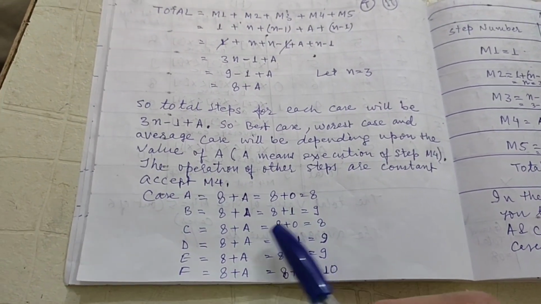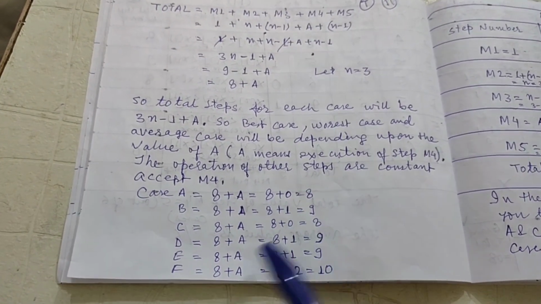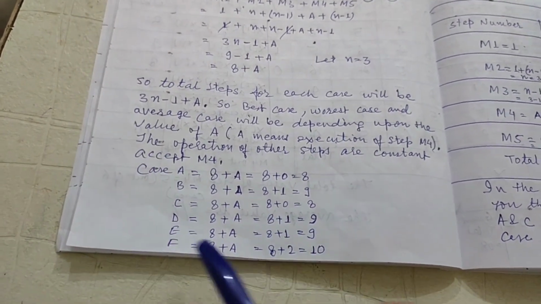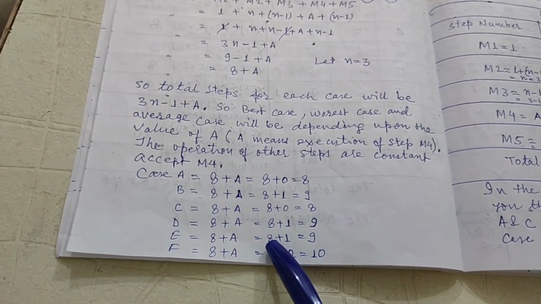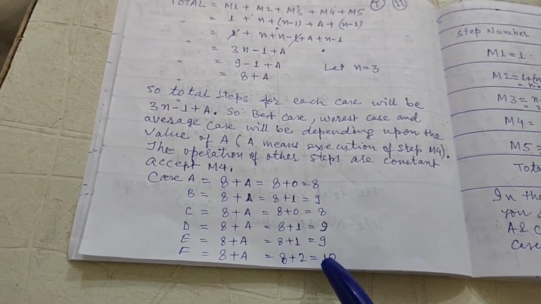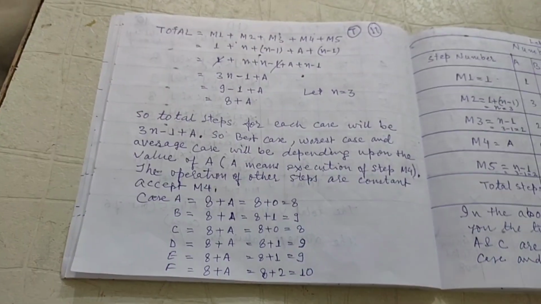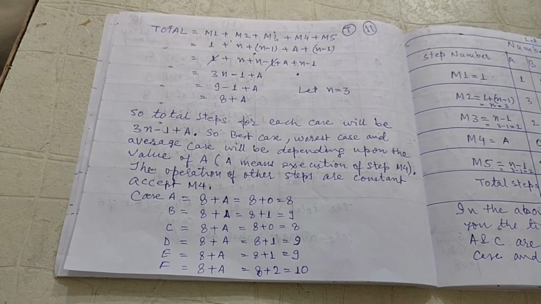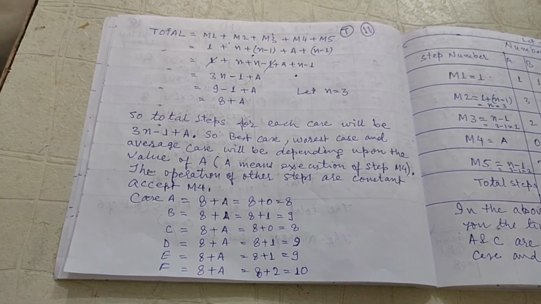C: 8 plus a, 8 plus 0 is equal to 8. D: 8 plus a, 8 plus 1, 9. E: 8 plus a, 8 plus 1, 9. F: 8 plus a, which is 10. So this is how we can calculate the total number of times.